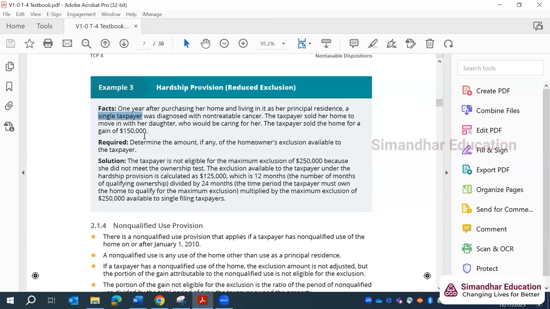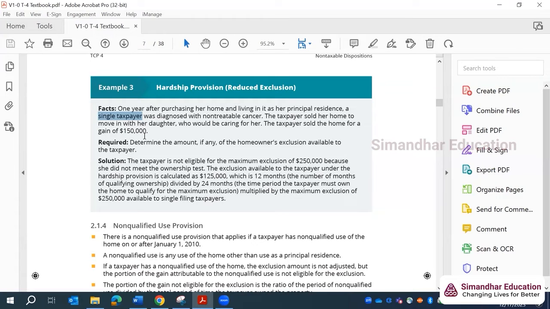So $500,000 is the exclusion amount, but will they get the entire exclusion? The husband is only owning the property for 1 year. So what will be their exclusion amount? It will be half of $500,000, which will be $250,000.